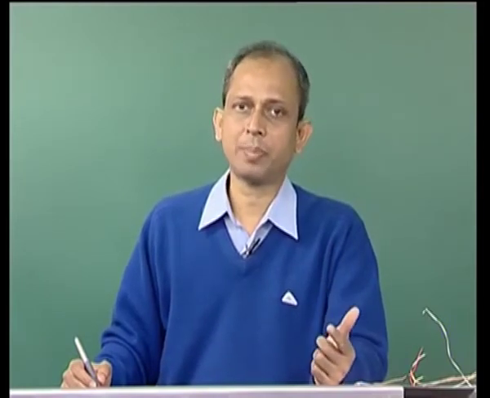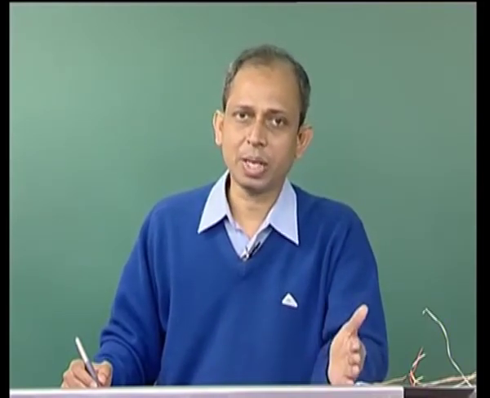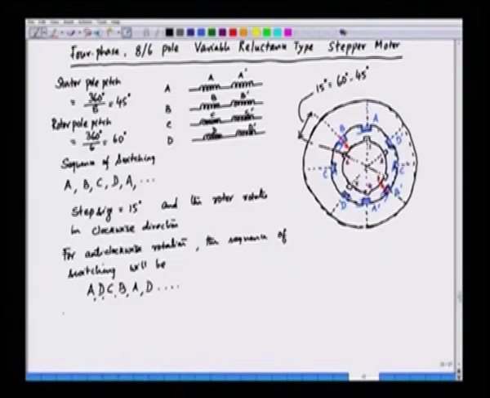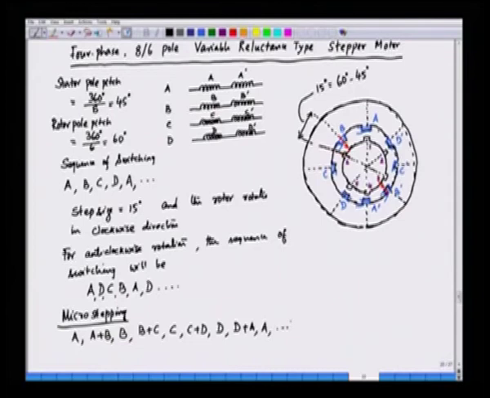The microstepping can be done by exciting phase A, then phases A and B. For microstepping, we can have the following sequence: A, then A plus B, then B plus C, then C plus D, then D plus A, then A and so on.